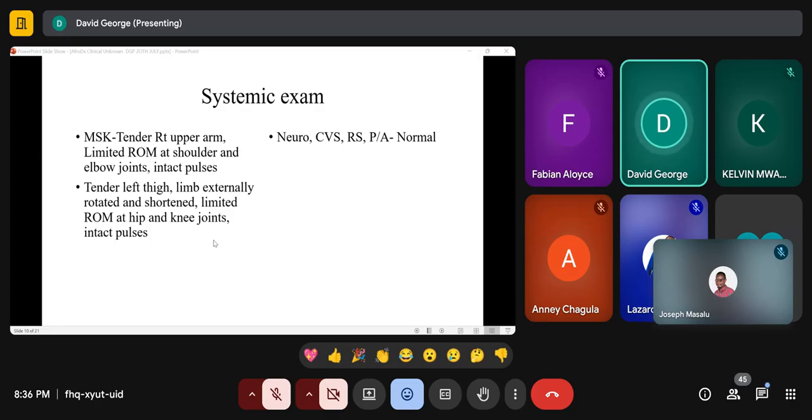For example, multiple myeloma, sickle cell disease came up at some point, osteomalacia along the list, and then we're also having hypercortisolism.